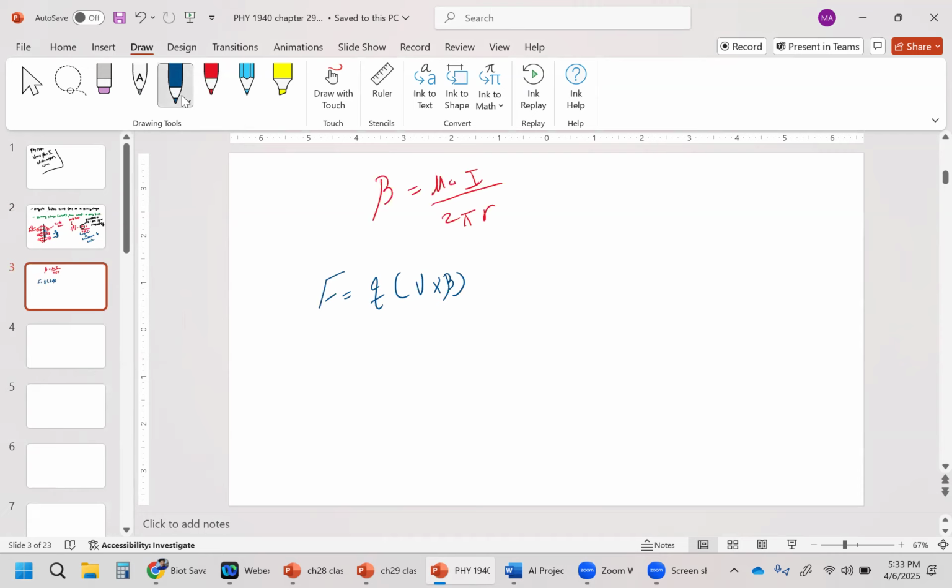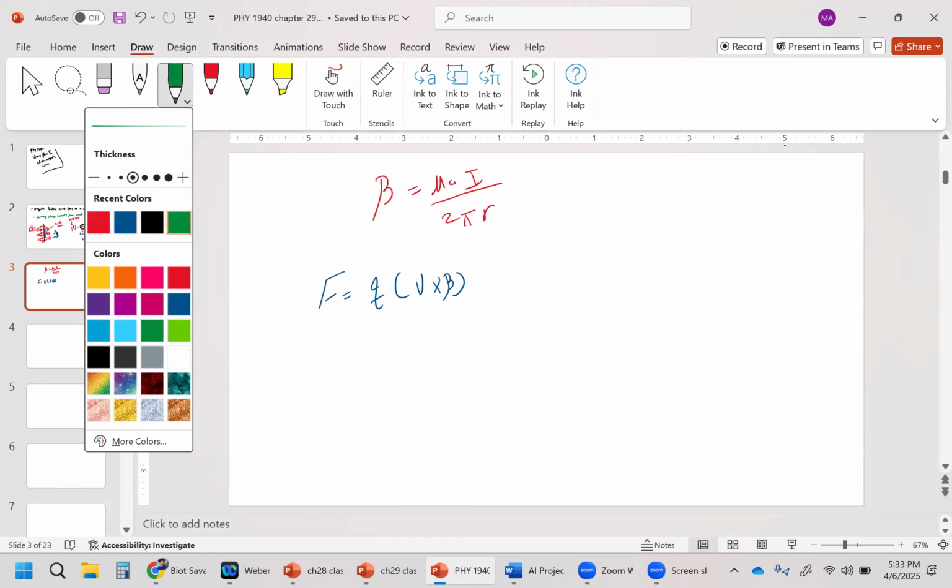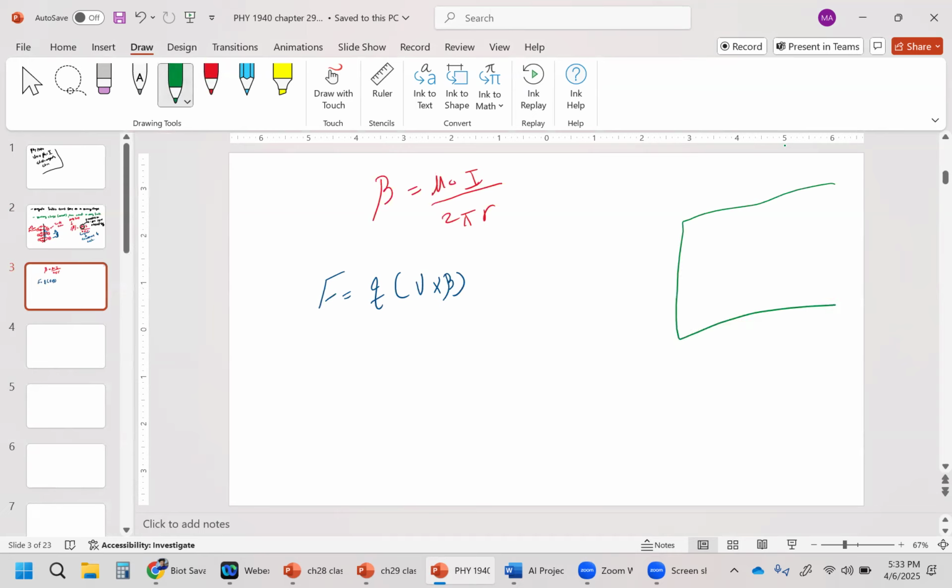Now, let me go ahead and write down on the side over here the rule for the cross product, which in this case would be A cross B is going to be the absolute value of A, absolute value of B, sine of the angle between them.